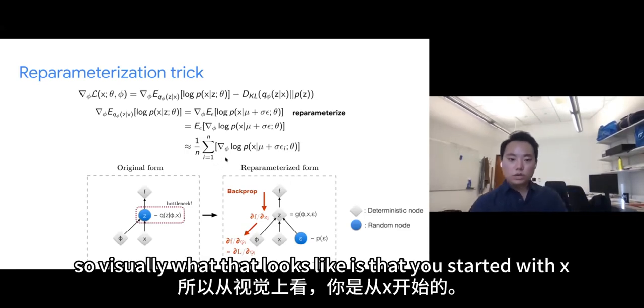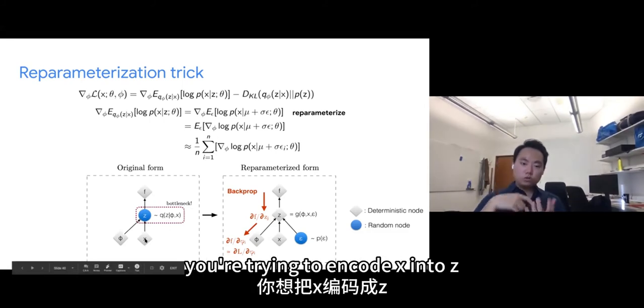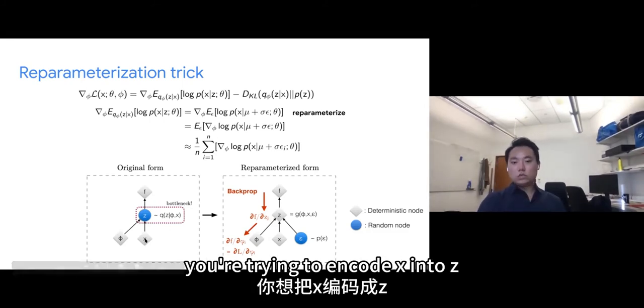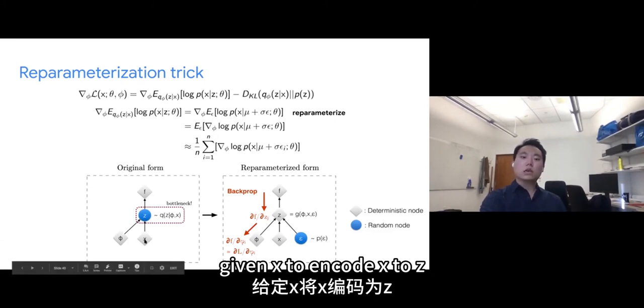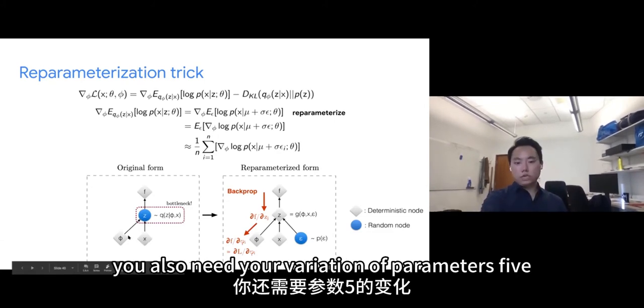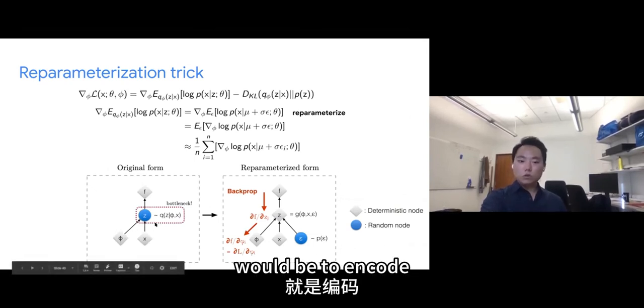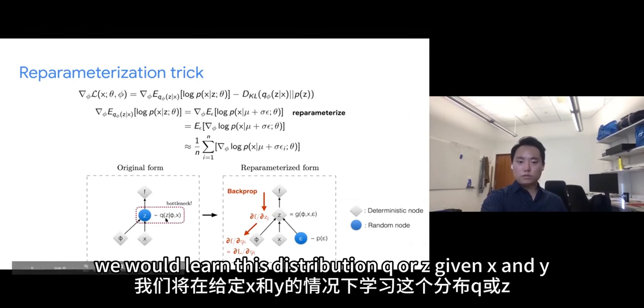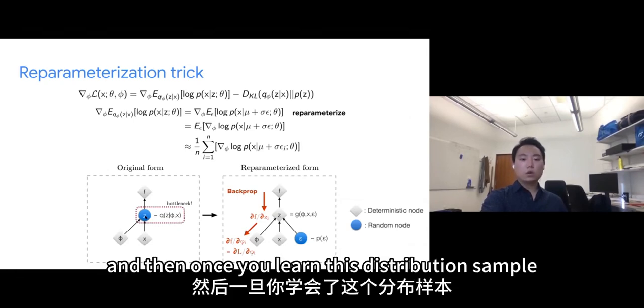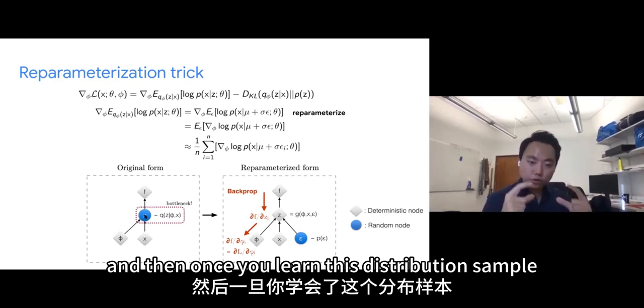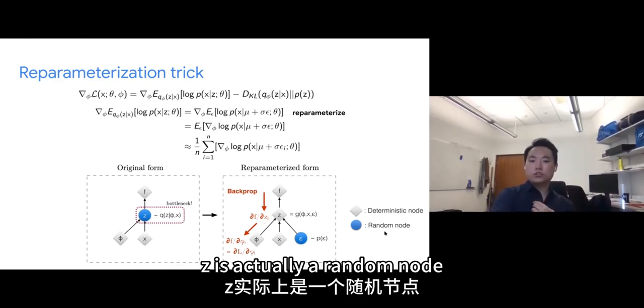So visually, what that looks like is that you started with X, you're trying to encode X into Z using your Q of Z given X. To encode X to Z, you also need your variational parameters phi. A naive method would be to learn this distribution, Q of Z given X and phi, and then once you learn this distribution, sample the entire vector Z. So Z is actually a random node.